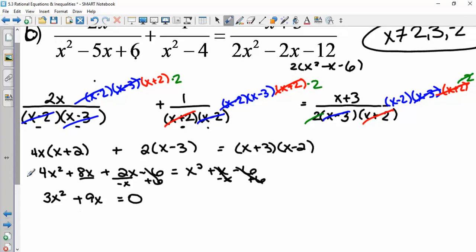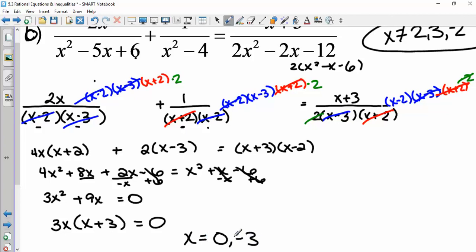We can do what now? Factor out an x. 3x, and that leaves us with x plus 3. Set each of those to 0, and what do we get? 0 and negative 3. Are both answers okay to have? Yes. We said it couldn't be positive 3, but a negative 3 is fine.